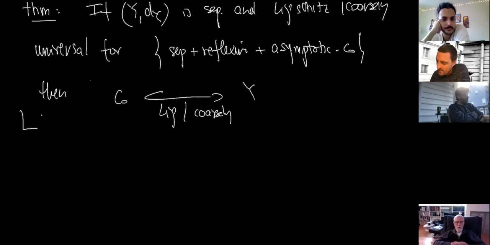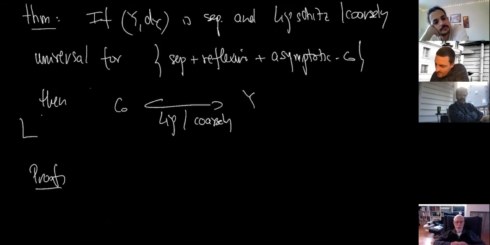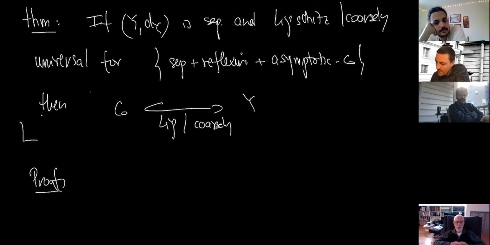So, the proof of the theorem. I have to mention here that this refines a result of Braga, who showed that if a metric space is coarsely universal for the class of separable and reflexive Banach spaces, then it contains c0.